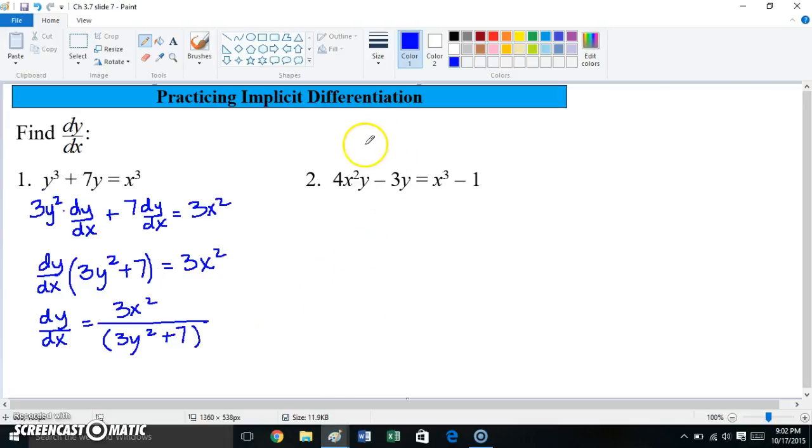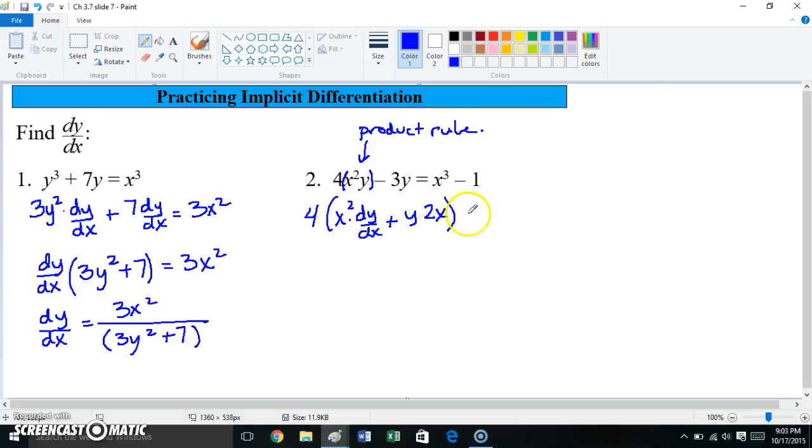All right, number 2, we need to apply the product rule to the first term. I'm going to factor out that 4 and apply the product rule to x squared y, leaving that coefficient outside. So the derivative is x squared times dy/dx plus y times 2x.